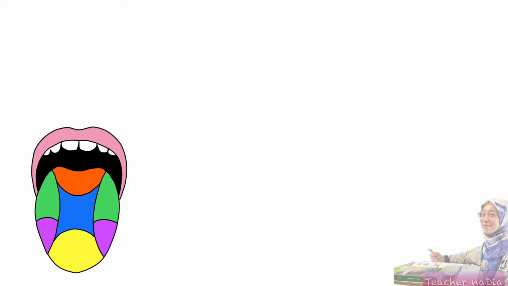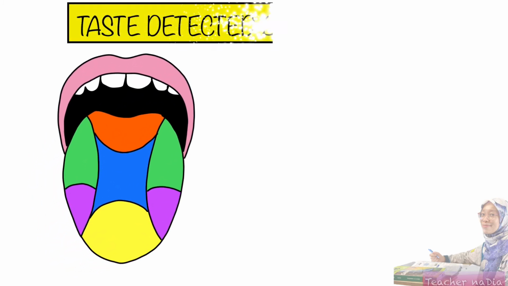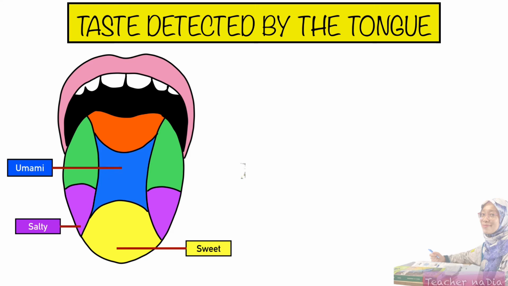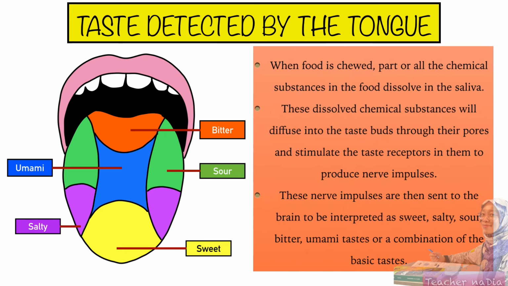The taste detected by the tongue can be divided into several parts, which are umami, salty, sweet, sour, and also bitter. When the food is chewed, part or all of the chemical substances in the food will dissolve in the saliva.